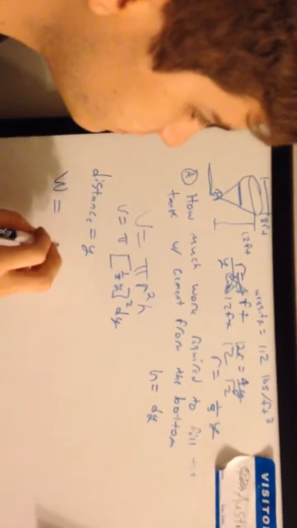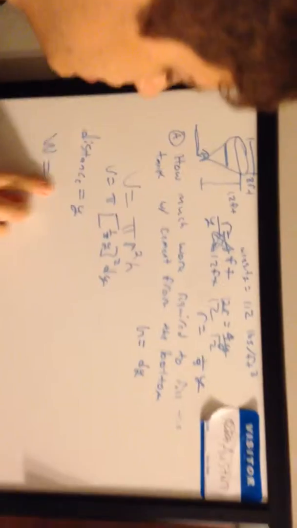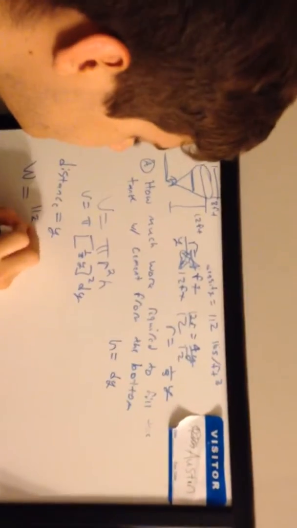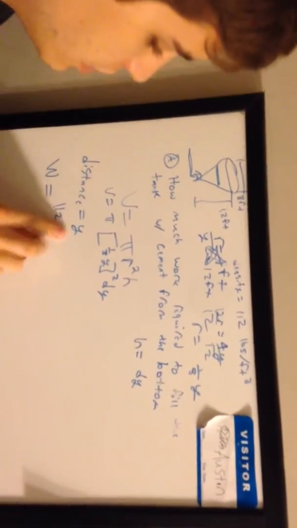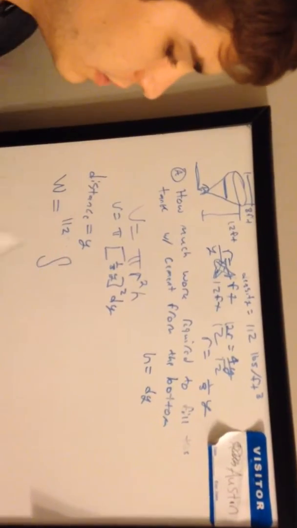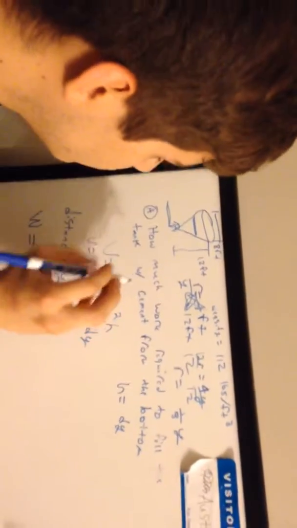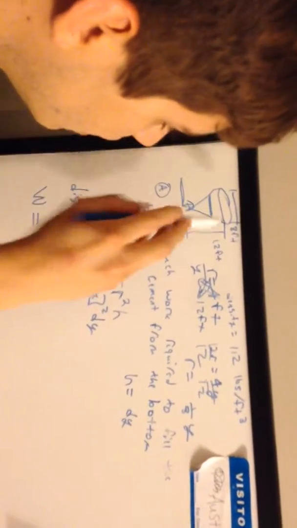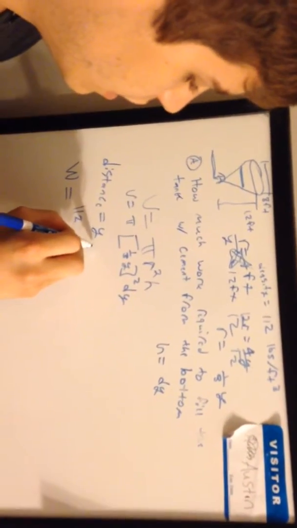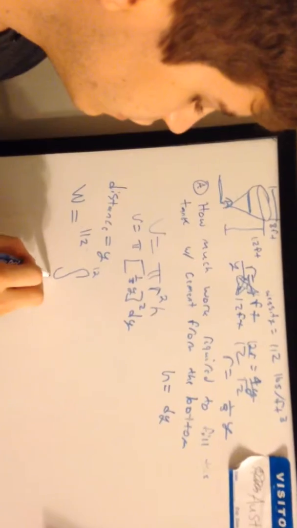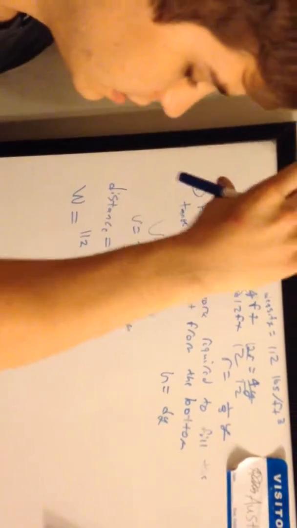So now what we're going to do here is write the work required, which is the density, 112 pounds, and we'll just write 112 since this is math here, times the definite integral from 0 to 12, because we're filling it to the top, all the way from 0 to 12.